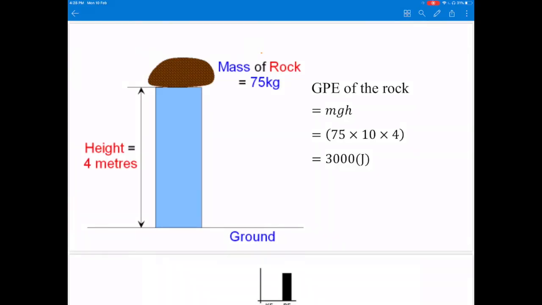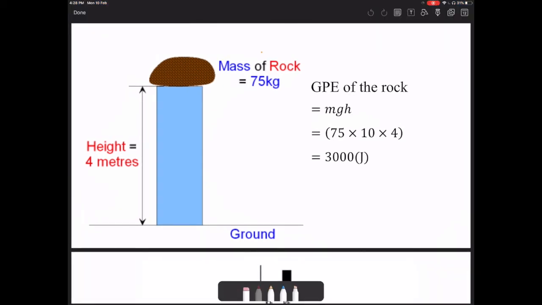Now, let me give you one more example for calculating the gravitational potential energy of an object. Suppose there is a rock. Now, we want to calculate the gravitational potential energy of the rock. What should we do? First, GPE of the rock is equal to mass times small g times h.